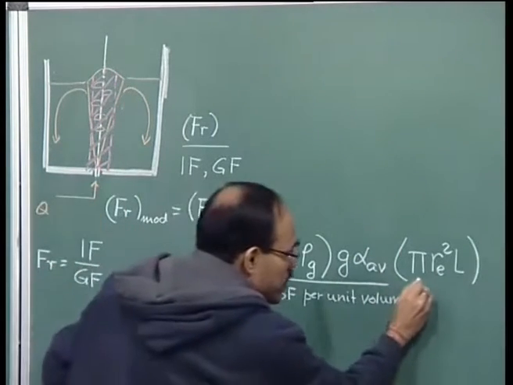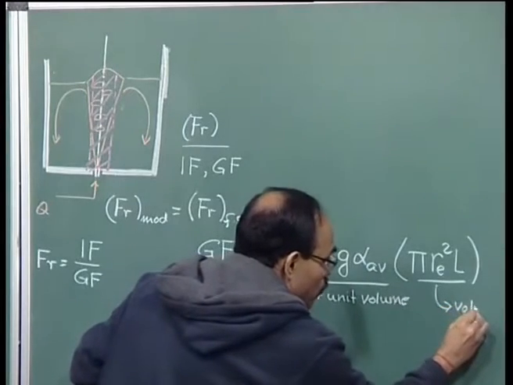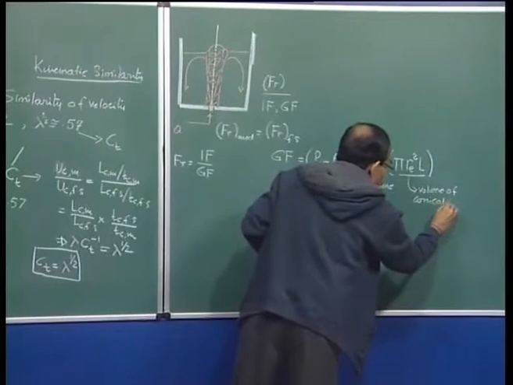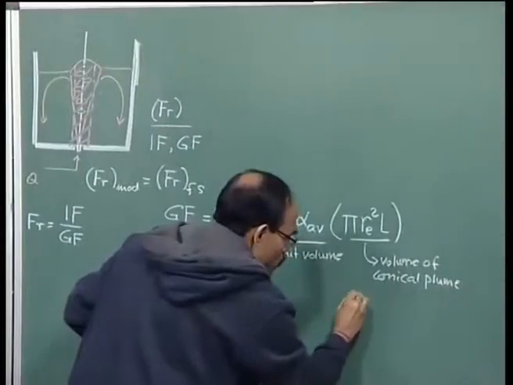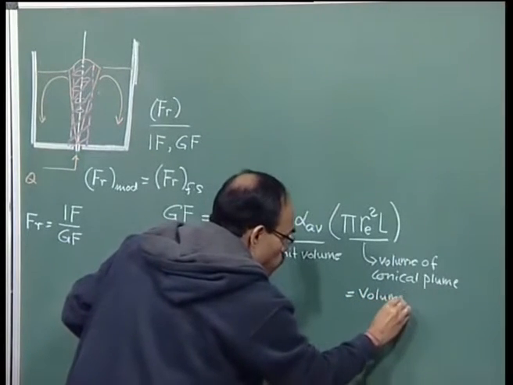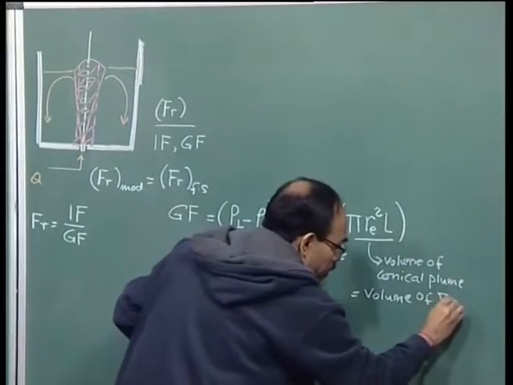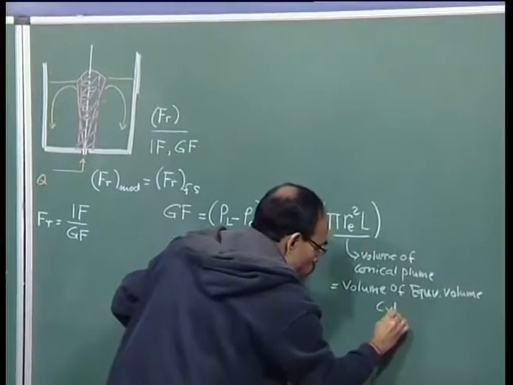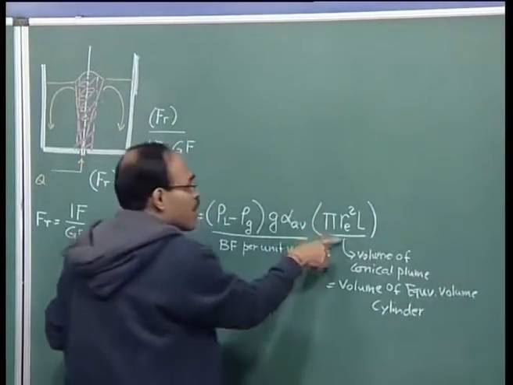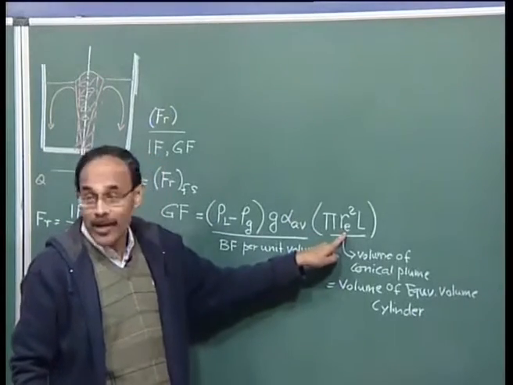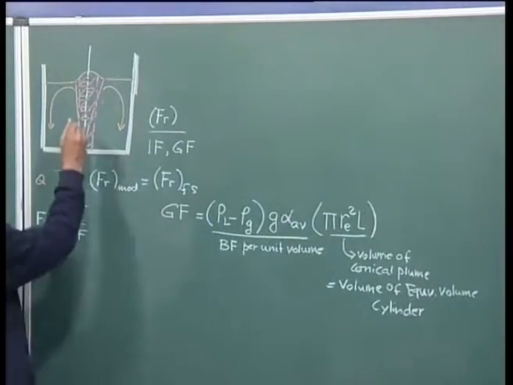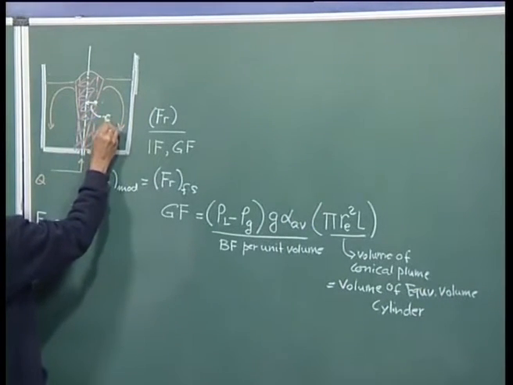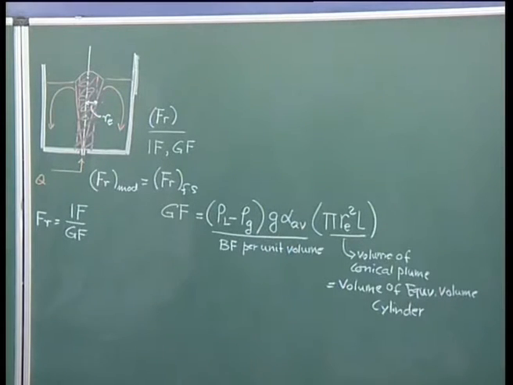This therefore represents the volume of the conical plume, which is equivalent to the volume of the equivalent volume cylinder. And this E represents the equivalent volume; R sub E is the radius of the equivalent volume cylinder.